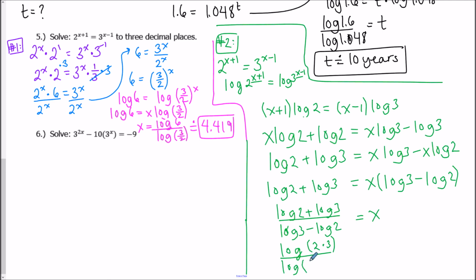So when I divide those two numbers, I'm going to write 3 over 2. So this turns into log of 6, just like we had before, over log of 3 over 2. So regardless of which method you get, you'll end up getting the same answer. Whichever path you decide to take, you'll get the same answer either way, okay?